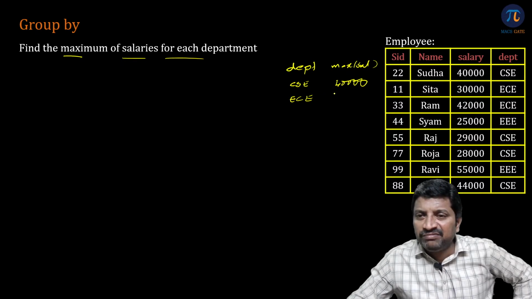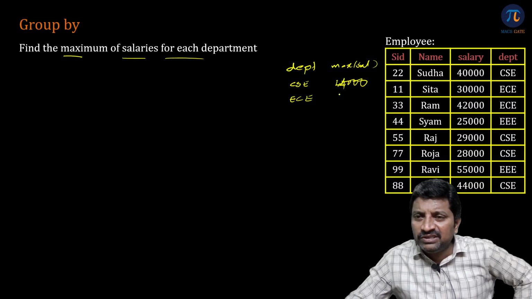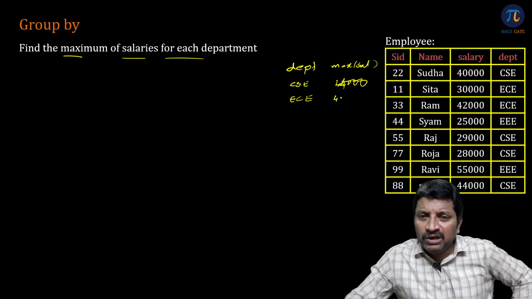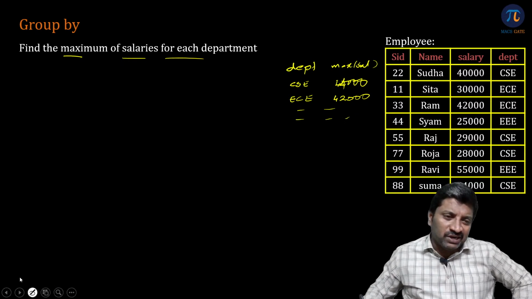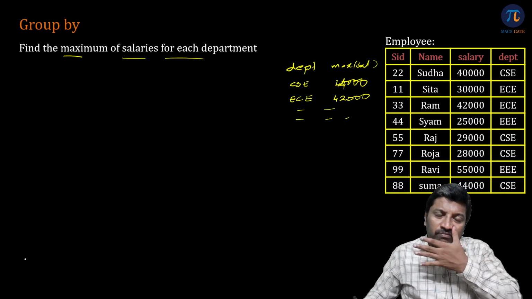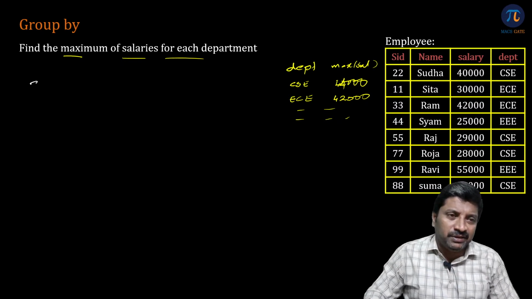The maximum salary for ECE is, let it be, sir, don't trust the numbers completely. For ECE, I think it will be 42,000. Like that for every department, we need like this. Right, sir? So what is our answer, sir? Department name followed by maximum of salary.